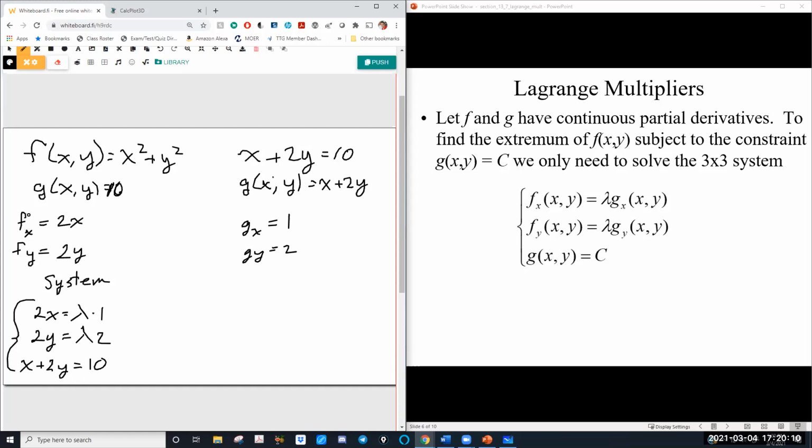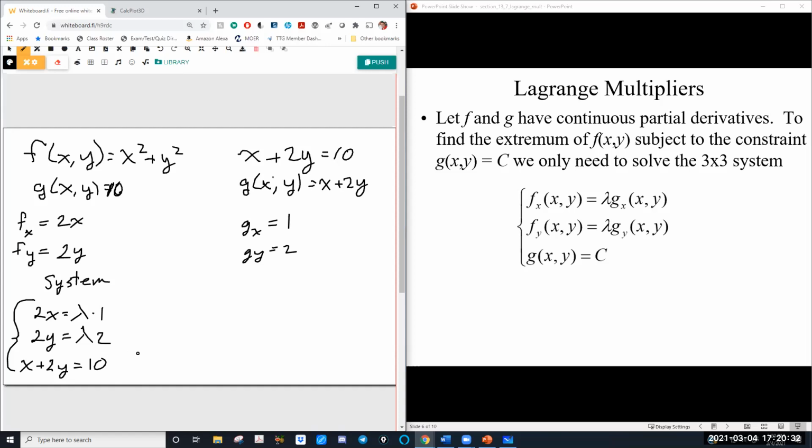Again, all I'm doing is taking the partials of my objective function, setting them equal to lambda times the partials of my constraint, and then the actual constraint. Now, once you set up the system, the rest is all algebra.